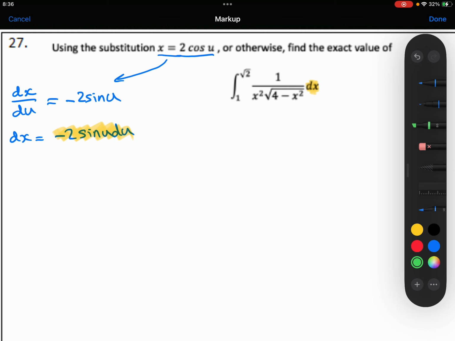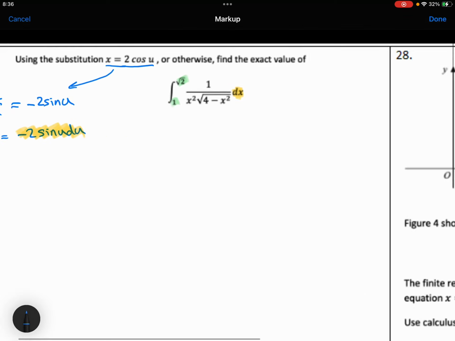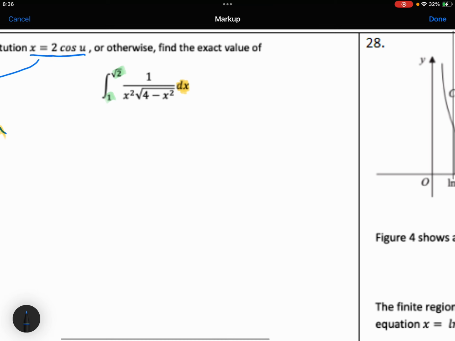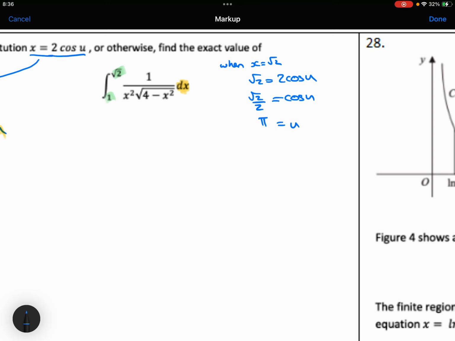Next, let's talk about the limits. When x is root 2, that means that root 2 is equal to 2 cos u. Divide both sides by 2 and do cos inverse, and I find that u is going to be pi over 4.